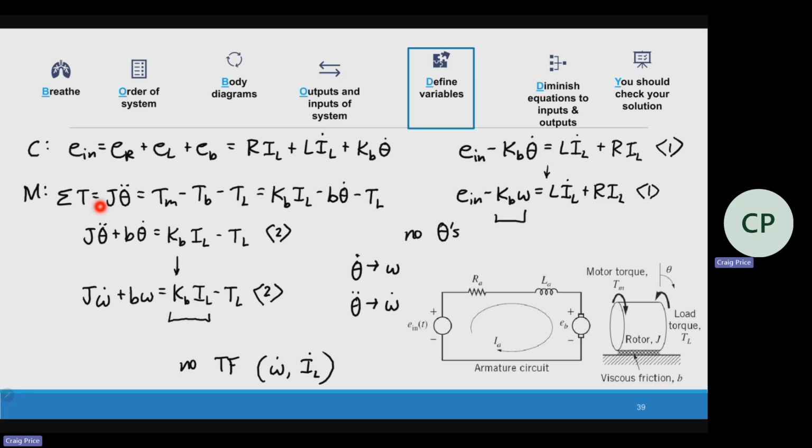So we're going to skip that for today. The other thing is we do have two different inputs, a load torque and an EN. So based on these two different inputs, I also can't do a transfer function. Okay.